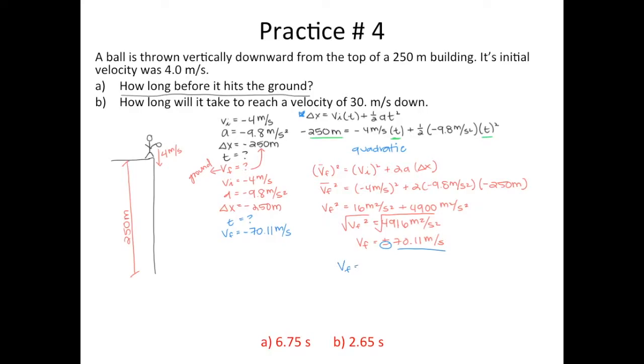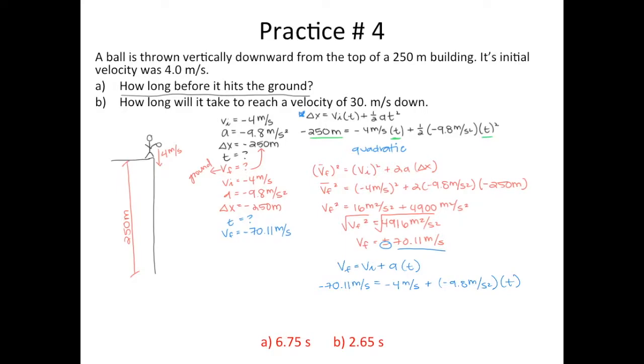V final equals V initial plus A times time. The V final was negative 70.11 meters per second equals, V initial is negative 4 meters per second plus negative 9.8 meters per second squared times t.